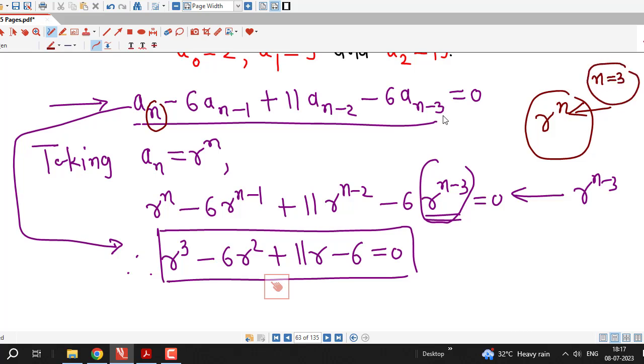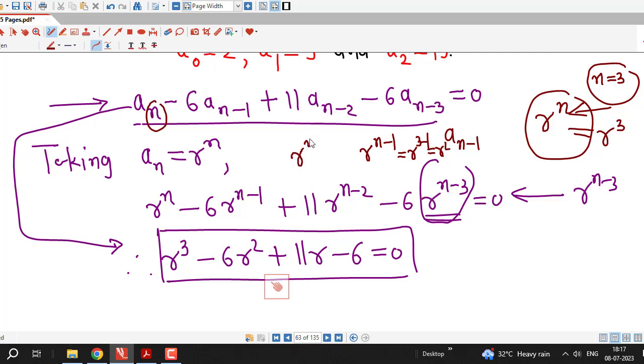If the degree is 3, then if we have an, we will write down r raised to n, that is r cube. Similarly, if I have an minus 1, then I have r raised to n minus 1, that I will replace by r raised to 3 minus 1, that is r square.